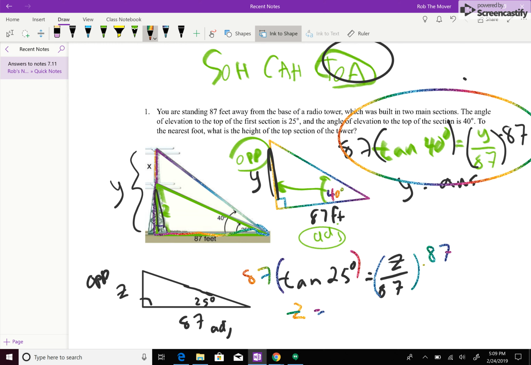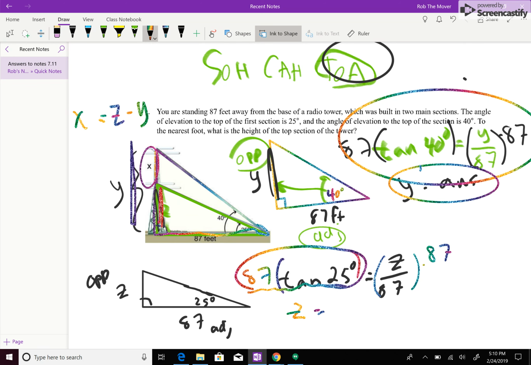Now I don't really care what Z is. I want to find x, which is my z minus y. Remember from this diagram, y was this, z was this, x was this. So x is z minus y. So this is my z. This was my y up here, right? So I'm going to take z minus y to get x.